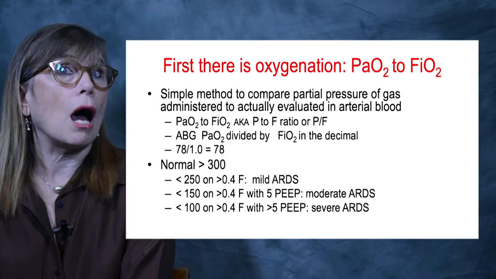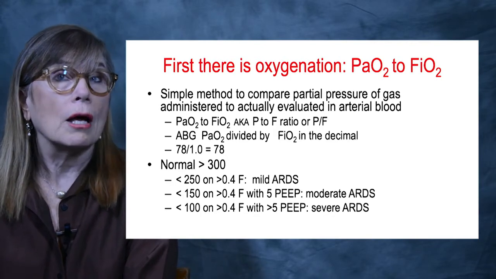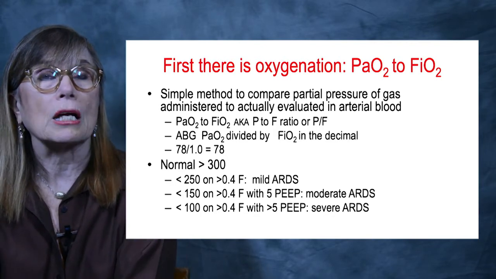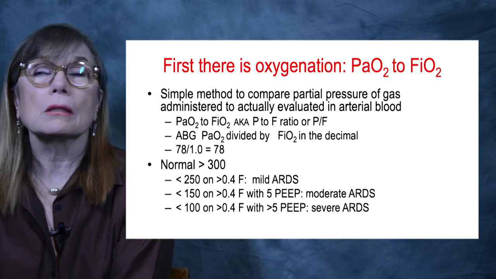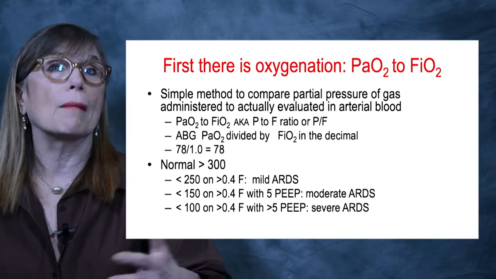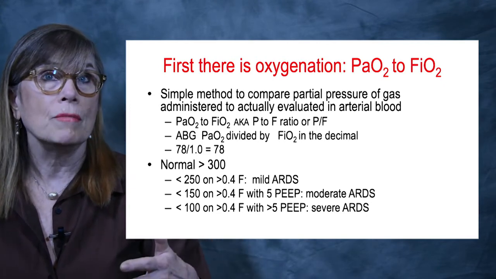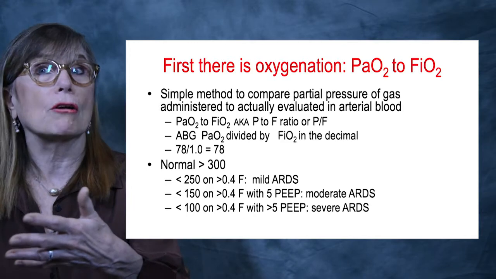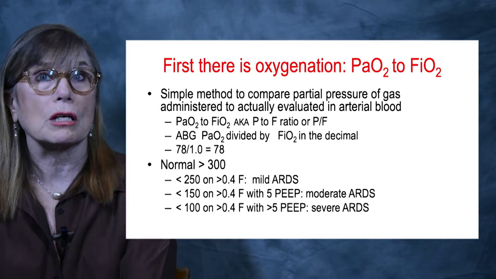We use it a lot for grading in ARDS, and you can see here this simple strategy. If the PO2 is less than 250 on greater than 40% FiO2, we're going to consider that a mild respiratory dysfunction, and that may also be considered mild acute respiratory distress syndrome.